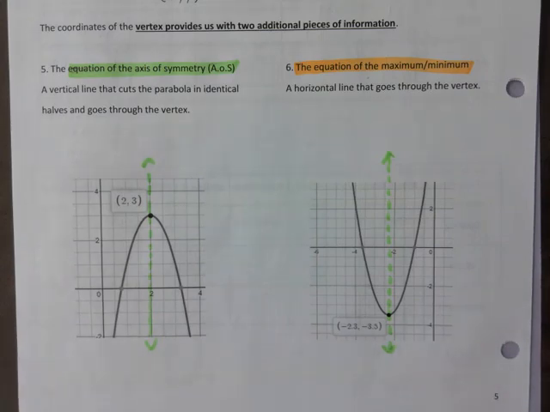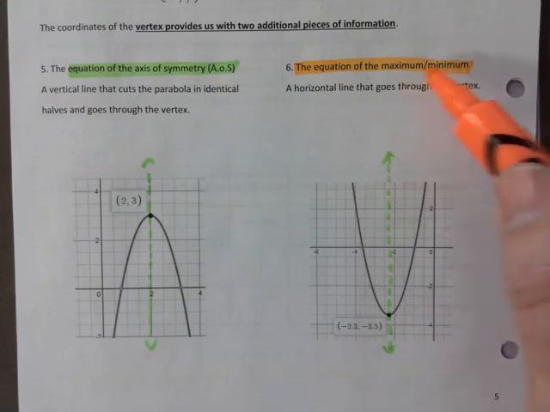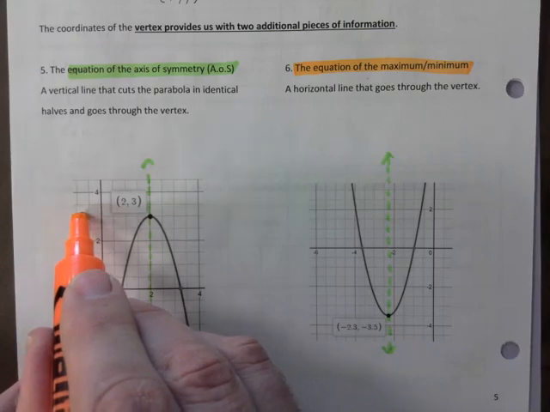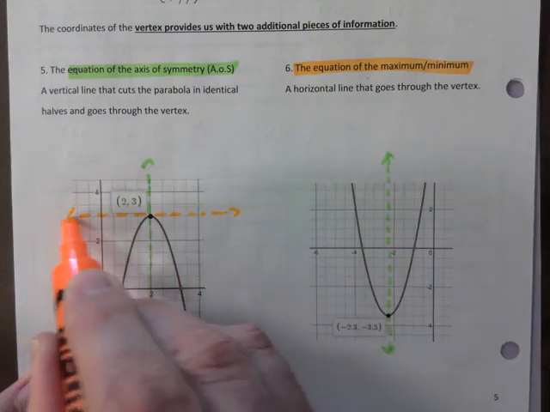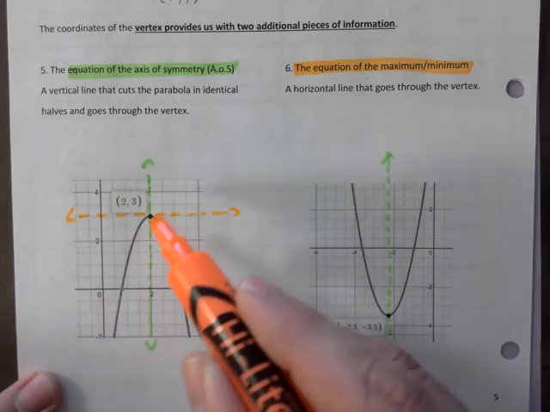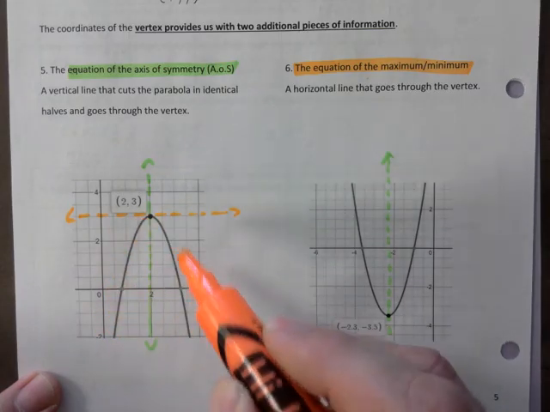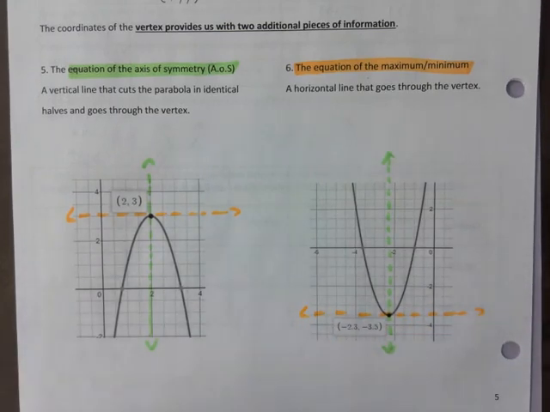So this is the axis of symmetry, it cuts it in half. The equation of min and max, it depends. That's why I have maximum or minimum. That's a horizontal one. So in this case, what would this be, a max or a min? It's a max, right? Because it's the highest point of our parabola. And in this case, visually, it goes through like that. This is our min, okay?